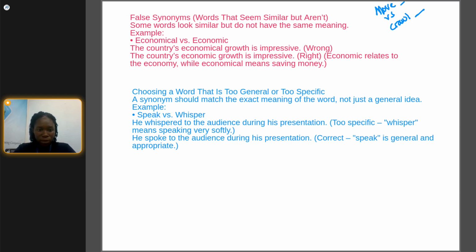Because of space, I'm not sure this space would really contain it, so I'm going to have to wipe this off now so we can have the next point. So, mistaking negative words for positive words and vice versa.